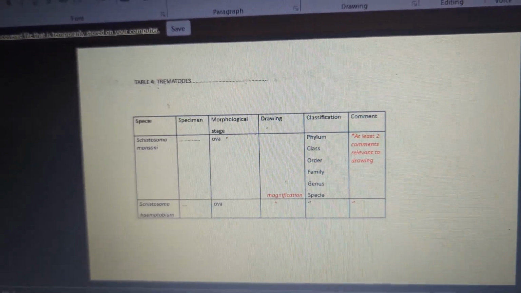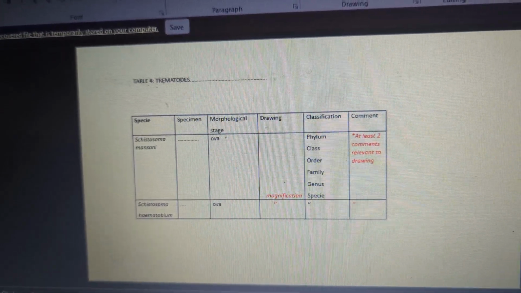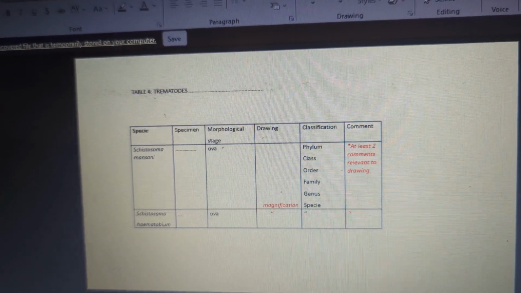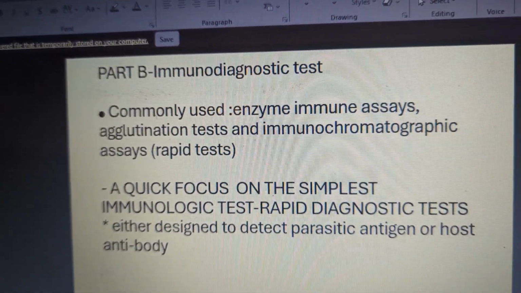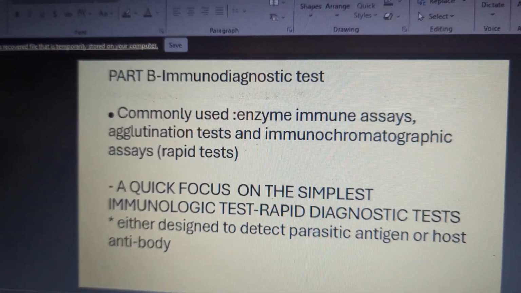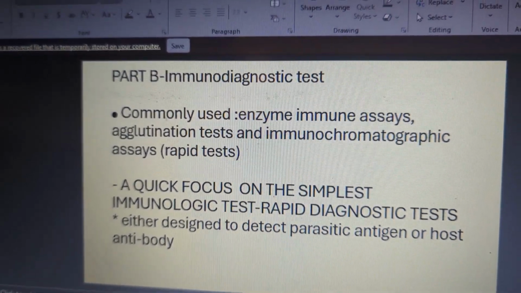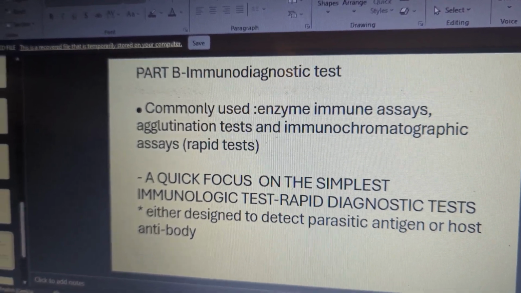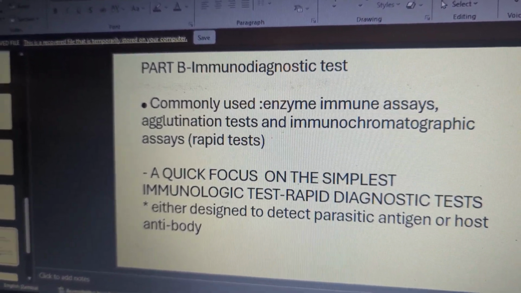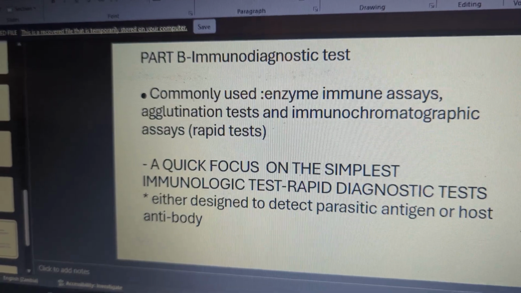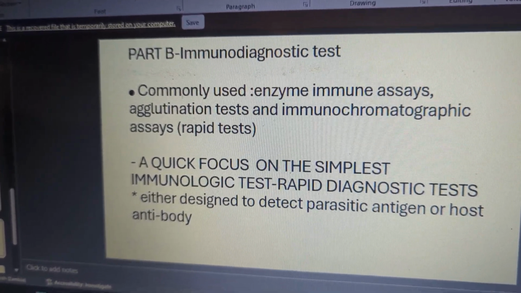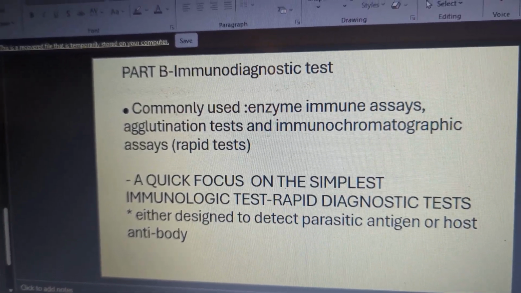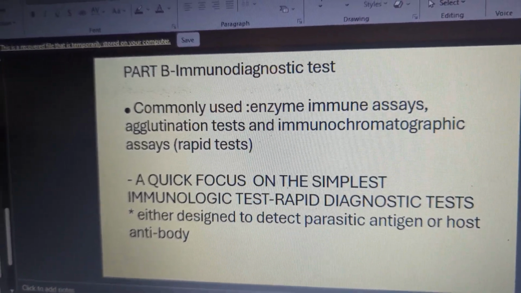And that is the last part for our microscopy, our part A. Okay, so we can quickly conclude with the part B, the immunodiagnostic tests. So in our slide there, you can see I mentioned the enzyme immunoassays, the agglutination tests.